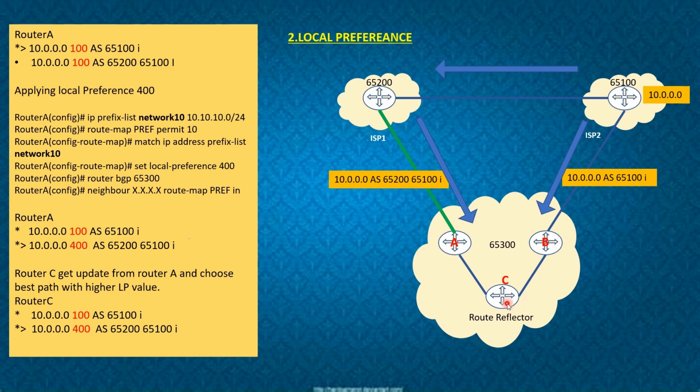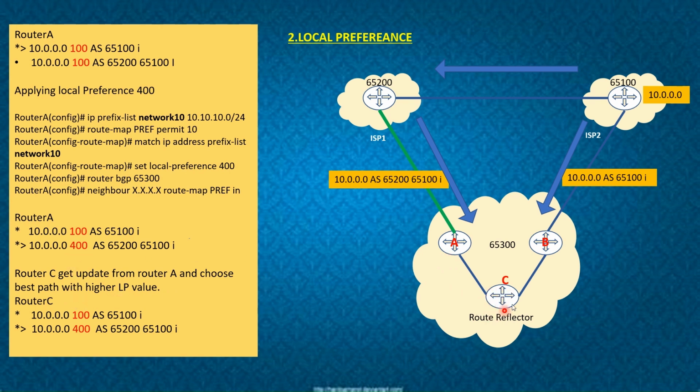And the route learned from router B, though it has a lower AS number, for router C the best path will be via router A, because a higher local preference value is checked before the AS number.